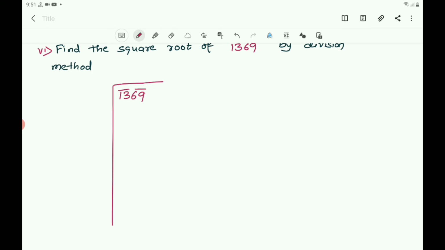So you must consider 3. 3 threes are 9. Then 13 minus 9 is 4, 469. Then you double it or add the same number, 3 plus 3 equals 6.